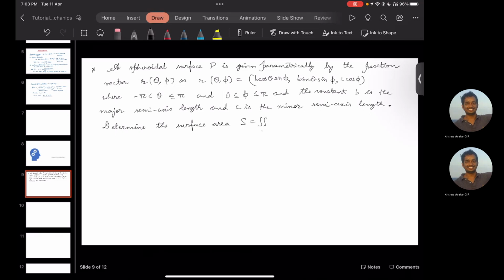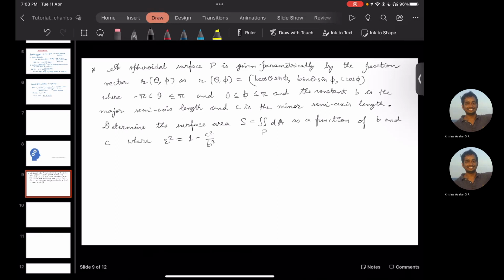S is equal to the double integral of P, which should be a function of b and c, where b and c are related through epsilon squared equals 1 minus c squared by b squared.